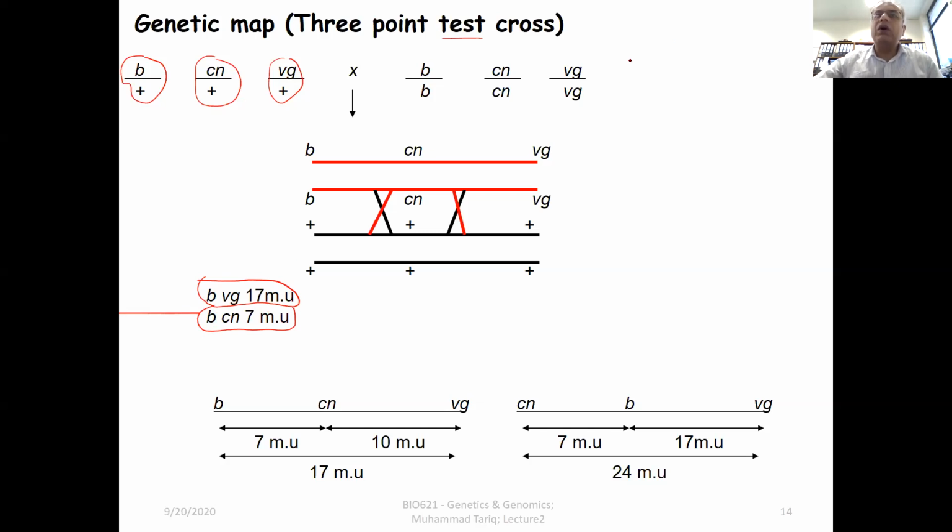However, you now want to see how black, vestigial, and cinnabar are organized on the chromosome.